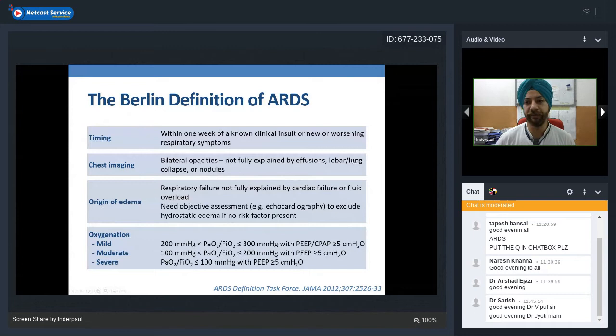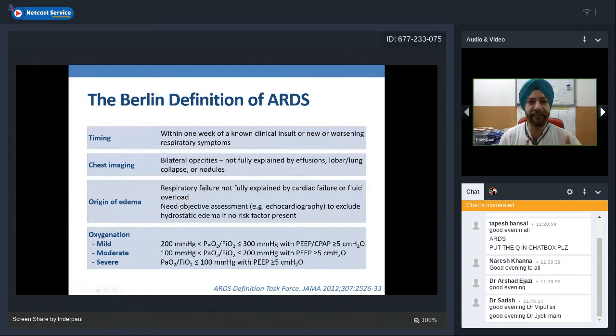So if you can explain the findings on chest imaging with collapse or nodules, then you should not call it ARDS. The origin of respiratory failure should primarily be involving the lung and not of cardiac origin.